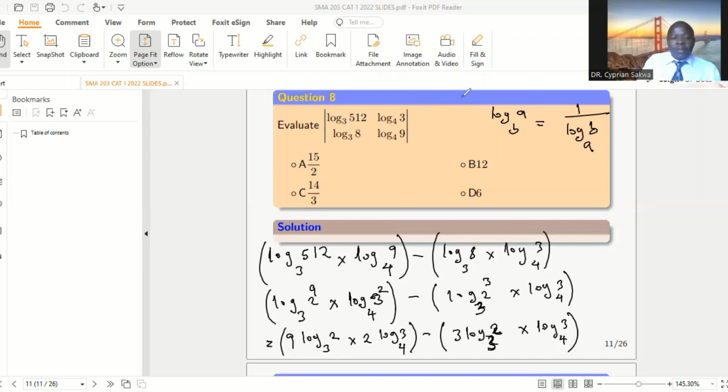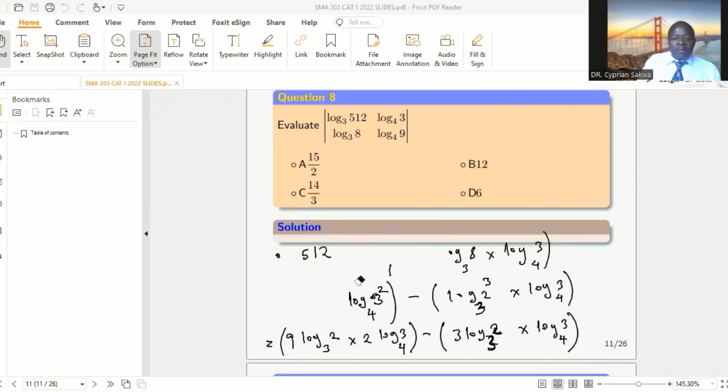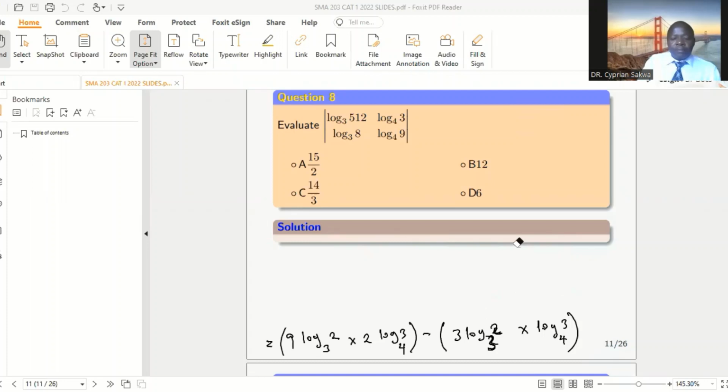So let me create some space. And remember this law here that I'm erasing. I just have to leave the last step there so that we use it. Now, I want to change bases here.